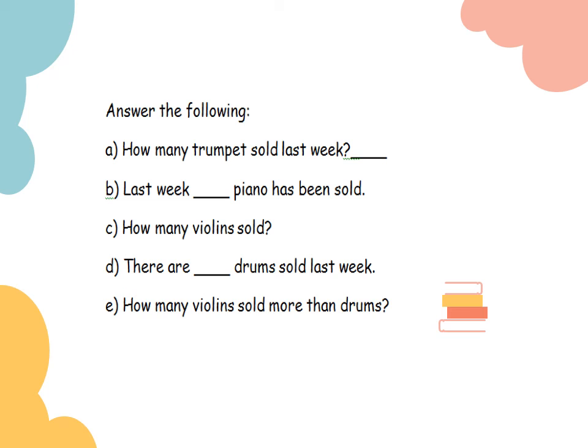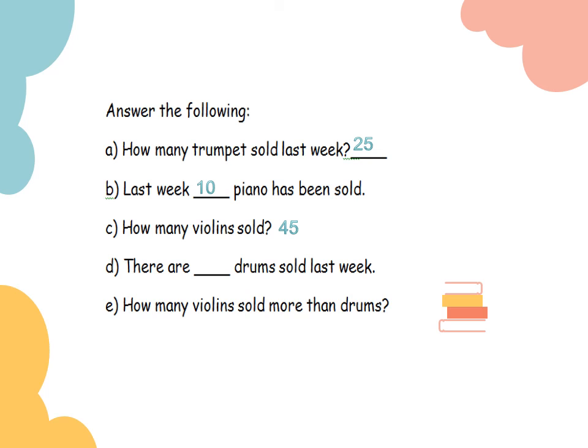Okay, answer the following. How many trumpets were sold last week? 25. Excellent. How many pianos were sold? 10. Excellent. How many violins were sold? 45. Yes. Complete the next.